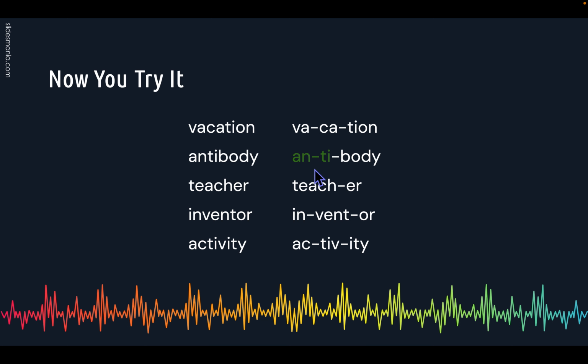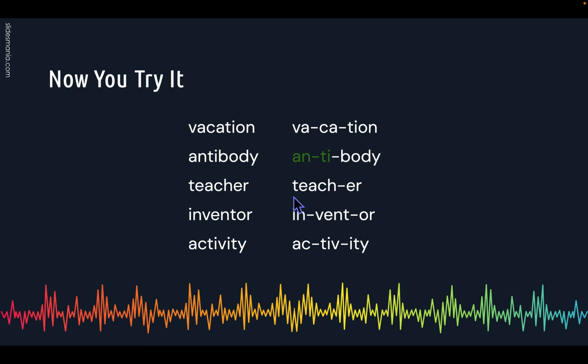I put it in green because it's 1 prefix. And likewise, this is 1 word that is 2 syllables. I should have divided it right here. So this is antibody, and sometimes you will hear people say anti-body with a different first vowel sound. So this prefix seems to have 2 pronunciations.